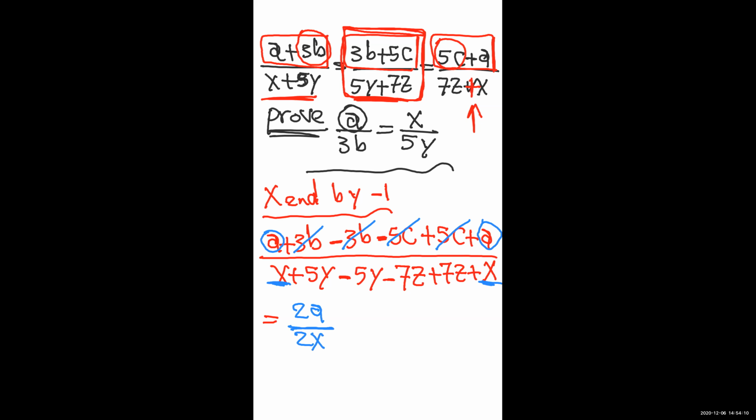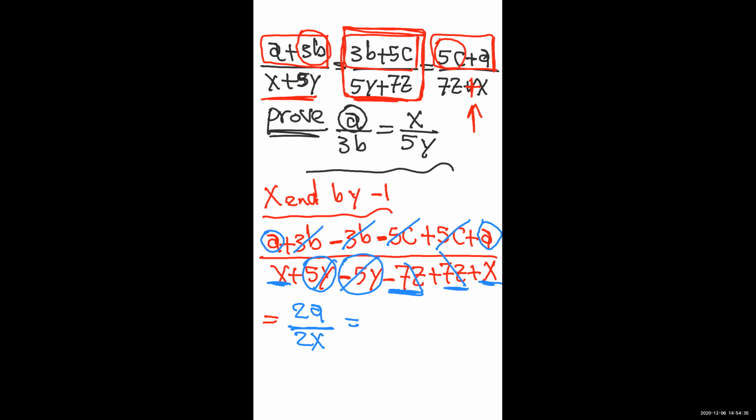What will be the remaining? Positive 5y, negative 5y, so 0. Negative 7z, positive 7z, also 0. So it will equal 2A over 2x. So this is number 1. Okay, let's continue.